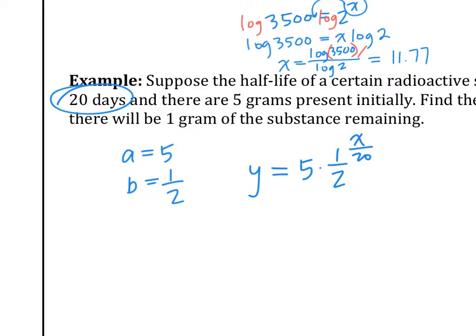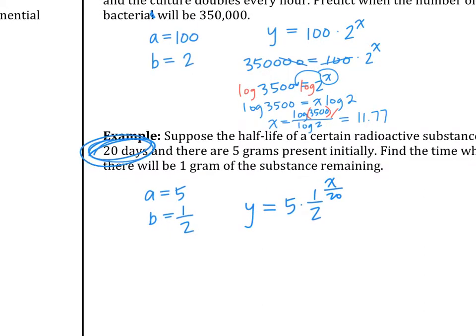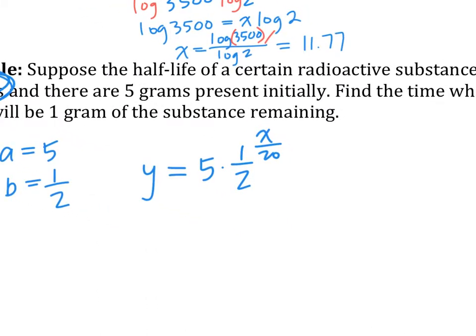So this is how you do it when they're telling you there's an every-something-days. You have to divide by that part. Okay, so we have to predict when there is 1 gram left. I think you guys can do this. Try it. Figure out how many days it takes to get to 1 gram.